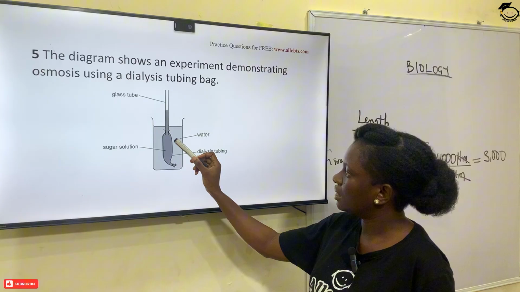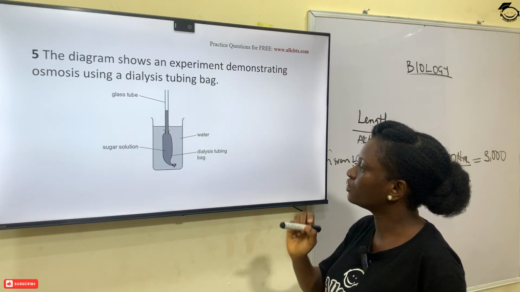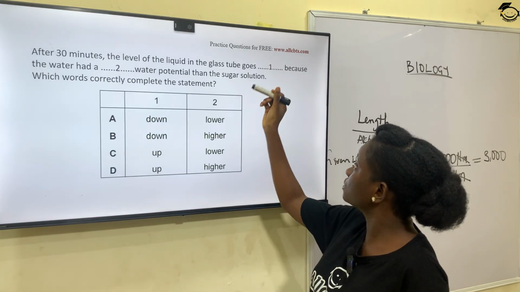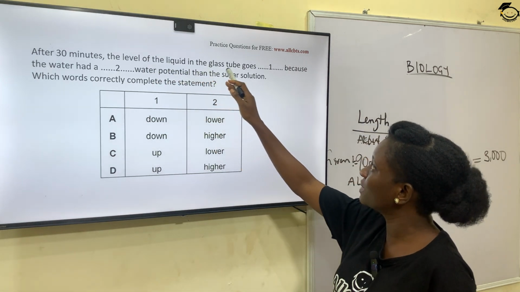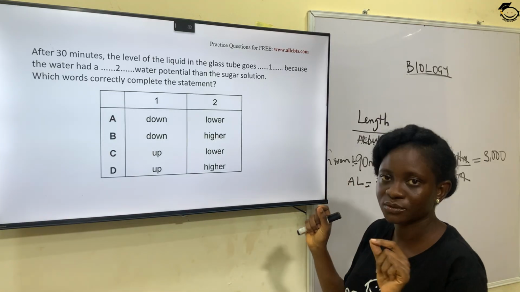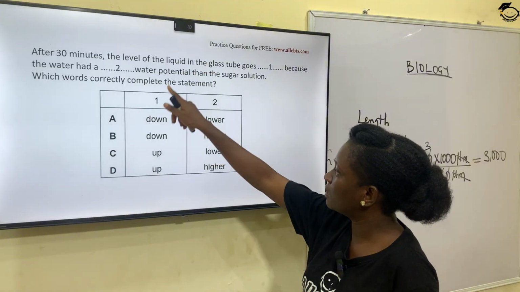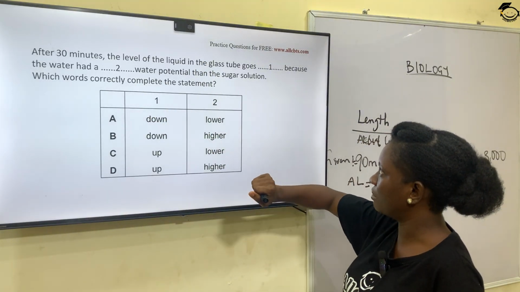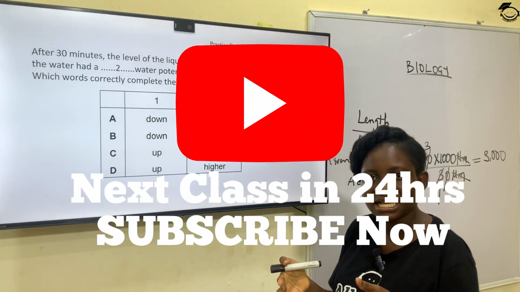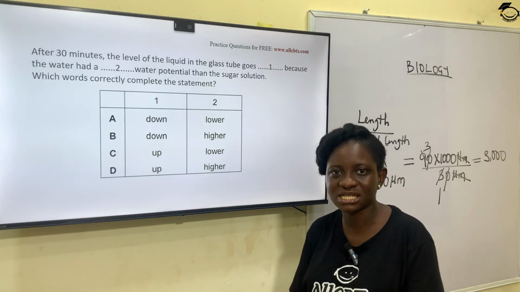We see the sugar solution inside there, the water outside there. So the level of liquid in the glass tube will go up. Why? Because the water had a higher water potential than the sugar solution. The water outside has a higher potential than what is inside.